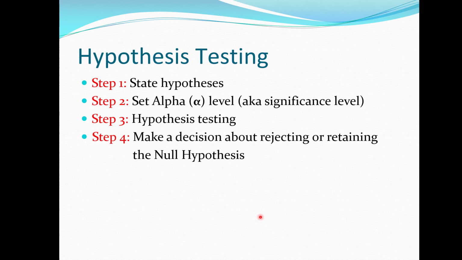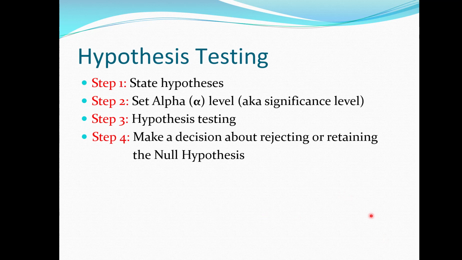And then step 4, make a decision. For now, let's skip step 2. If we skip step 2, the logic for hypothesis testing is pretty clear. You state your hypothesis and you do hypothesis testing, and then based on your hypothesis testing, you make a decision about your hypothesis.